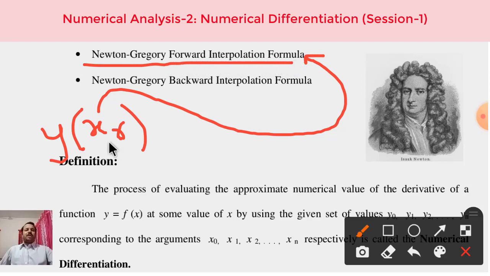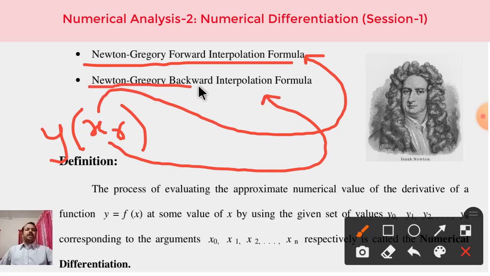If the value of xr is near the end of the table, then it is advised to use Newton's Gregory backward interpolation formula.